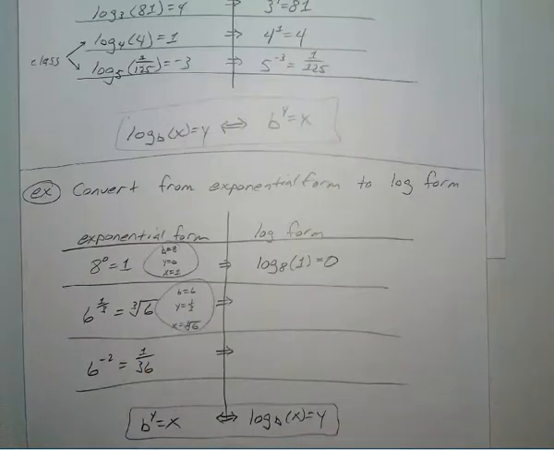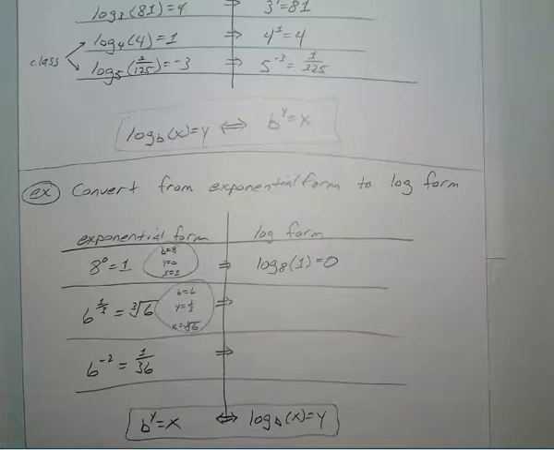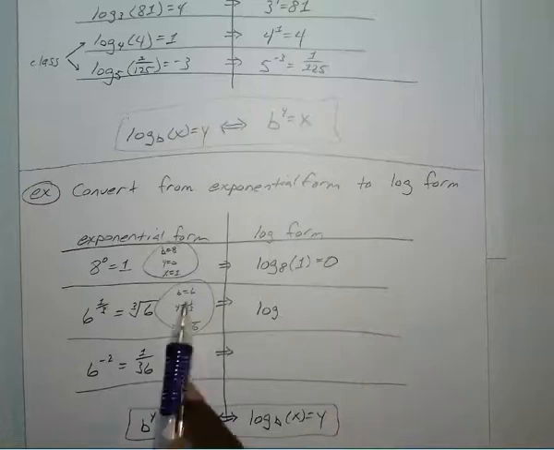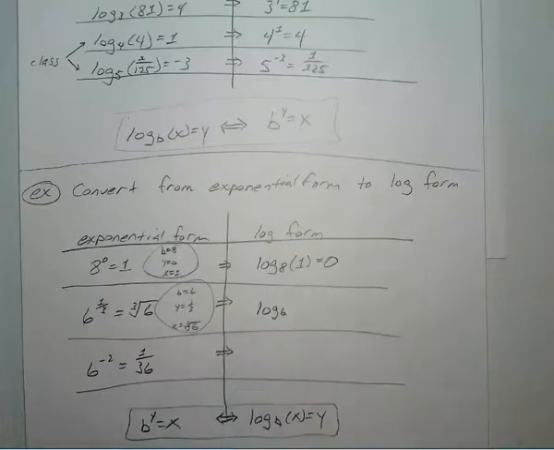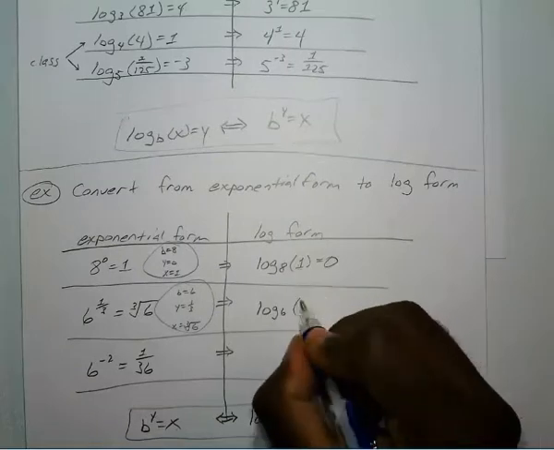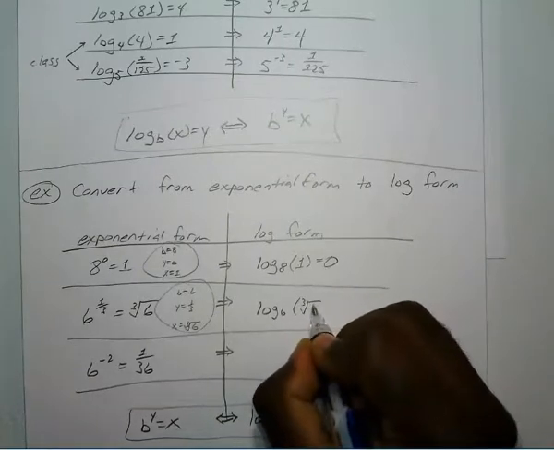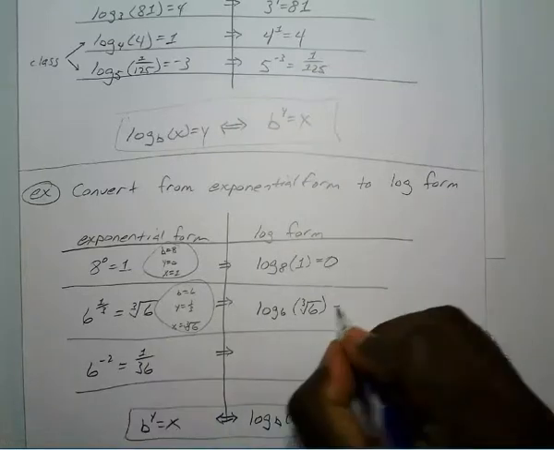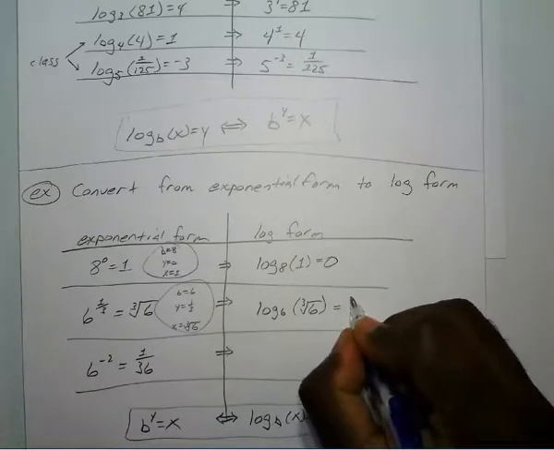If you can convert them without it, you can, but if writing it down helps, by all means do that. Okay, so log base b of x equals y. That gives us log base 6 of x. So x is equal to cube root of 6, sorry about that. Equals y. And y is equal to 1/3.